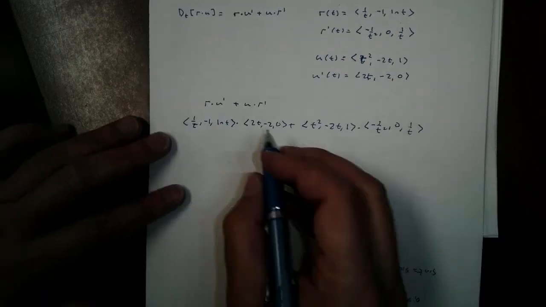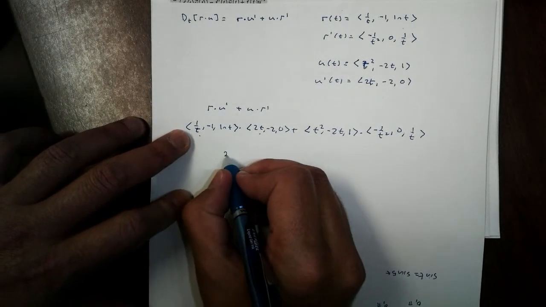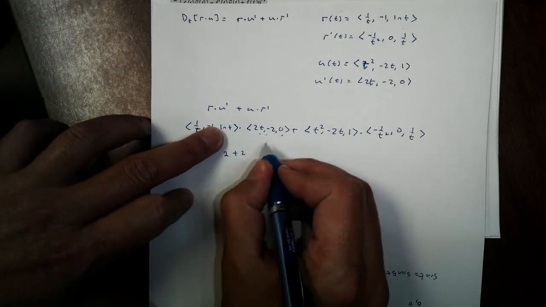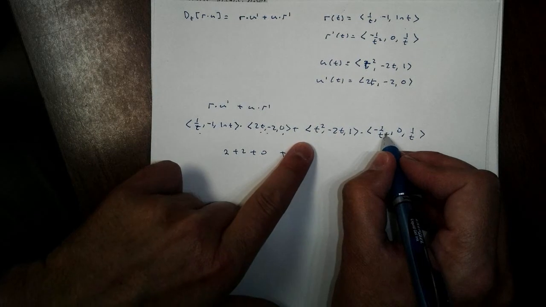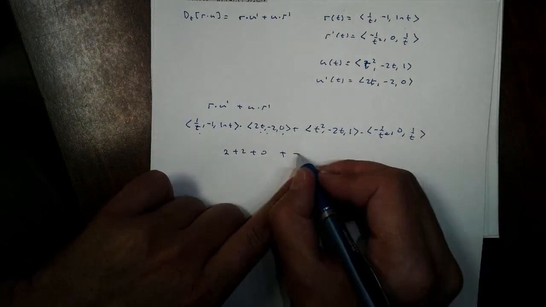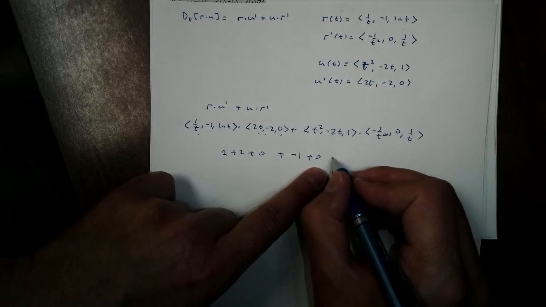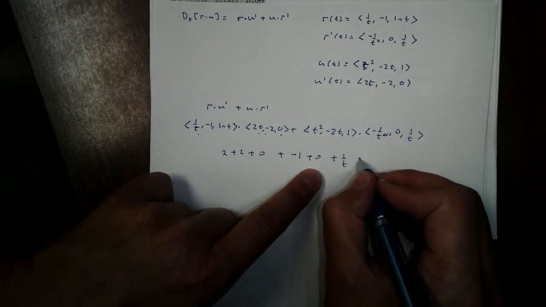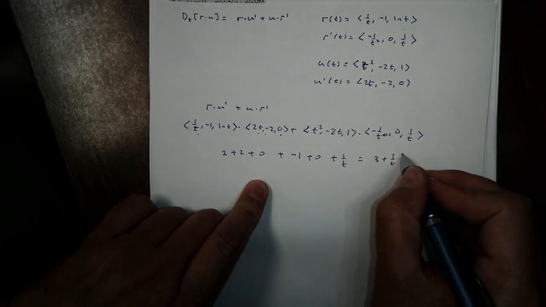This becomes 2 plus 2 plus 0, plus 1, negative 1, plus 0, plus 1 over t, which is 4 minus 1, so 3 plus 1 over t.